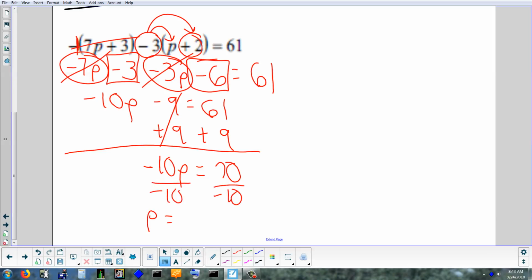Now, Jelly, let me ask you this. Is my answer going to be positive or negative? Because we know this cancels out and gives me p, and I get a positive 70 divided by a negative 10. If they were both negative, I get a positive. One's negative, one's positive: negative.